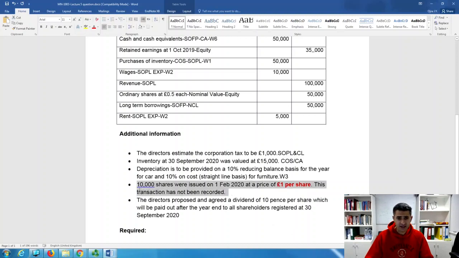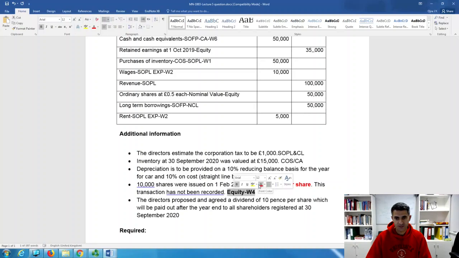So this, the 10,000 shares, should be included under the equity section, and also we need to do working for it, in order to find out how much money we received from issuing these shares in terms of share capital and also in terms of share premium.